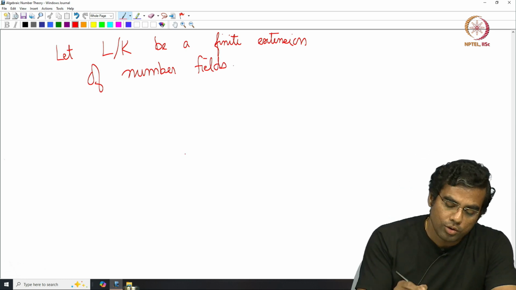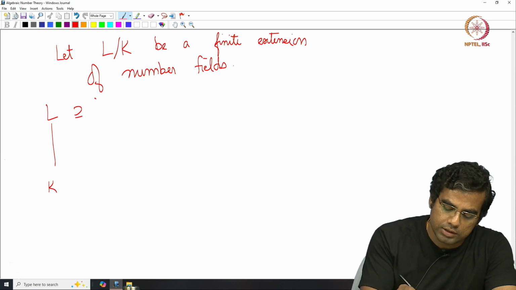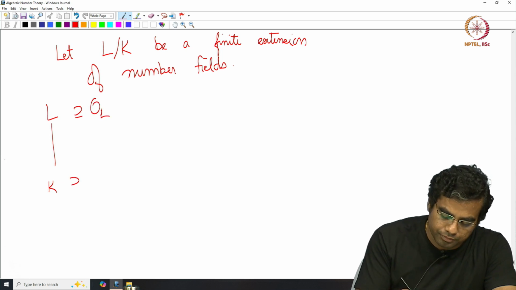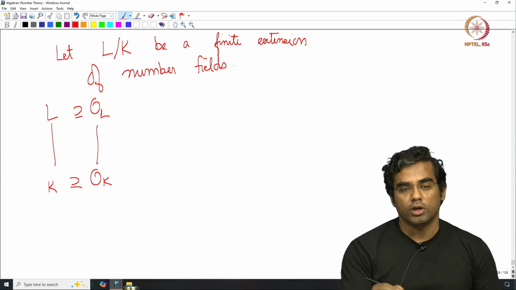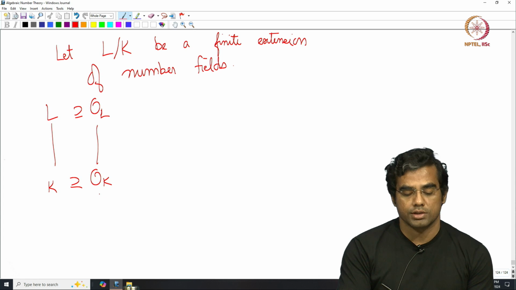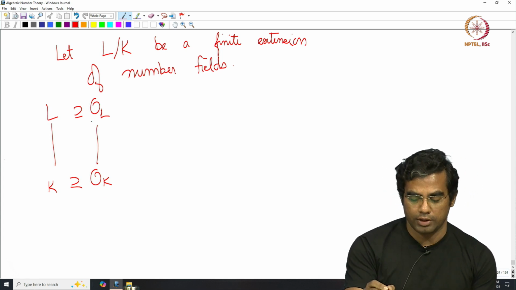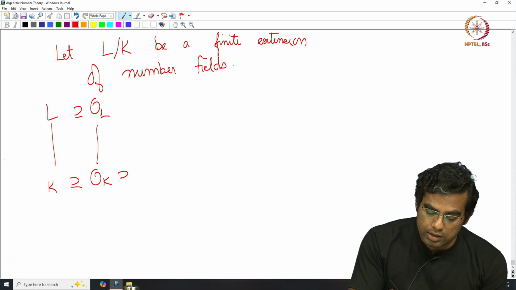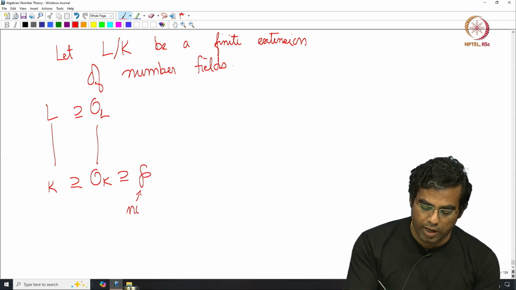It is good to draw a diagram like this, and I will keep drawing such diagrams again and again throughout. So, K is my number field, and OK is the ring of integers in that, L is my number field, and OL is my ring of integers in that, and then I have a prime ideal P here. This is a non-zero prime ideal.